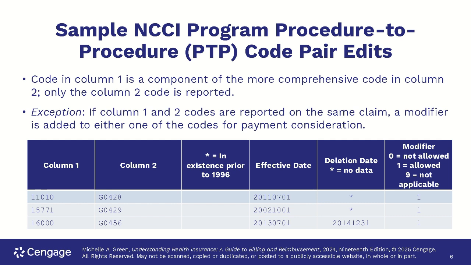All right. So then here is an example of procedure to procedure code edits. We've seen this before where the code in column two is basically a part of what is in column one, right? So column one is a more comprehensive code than column two.